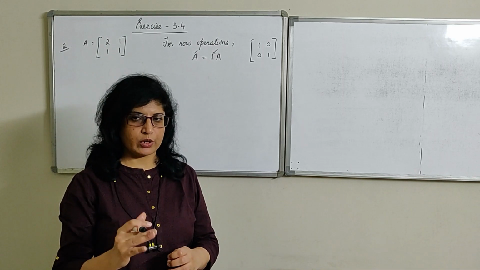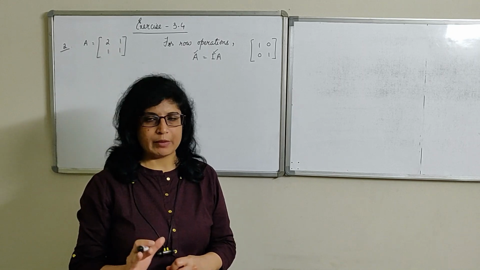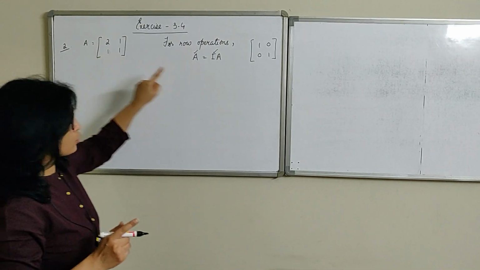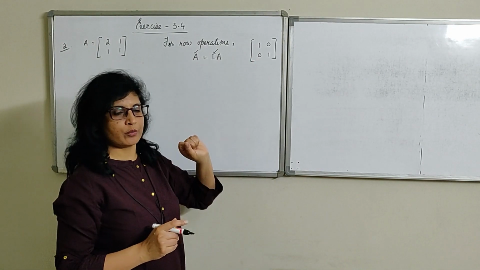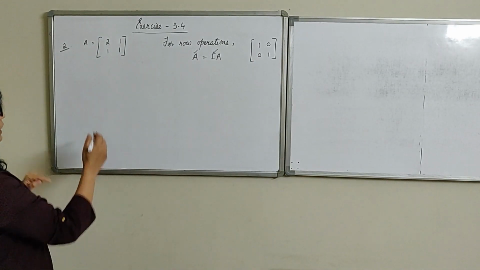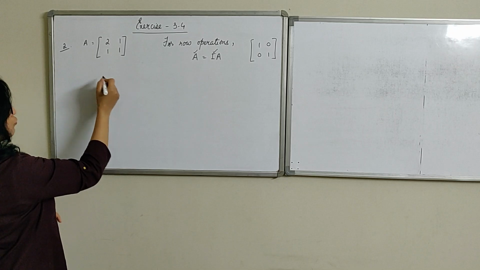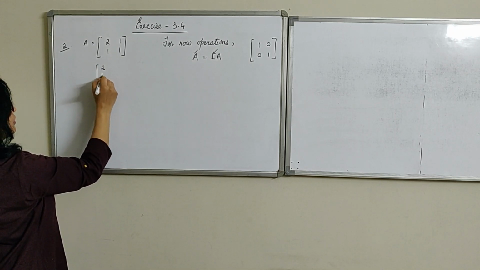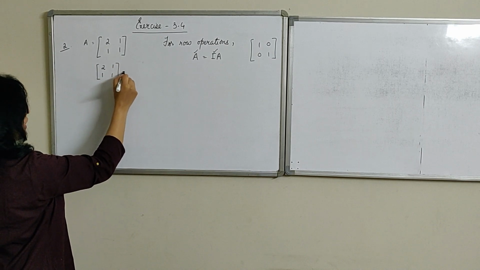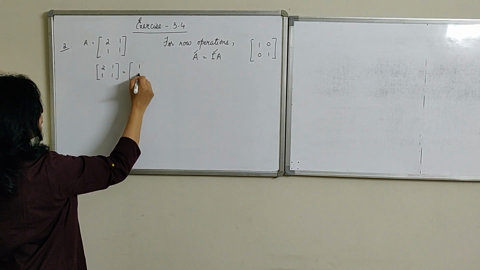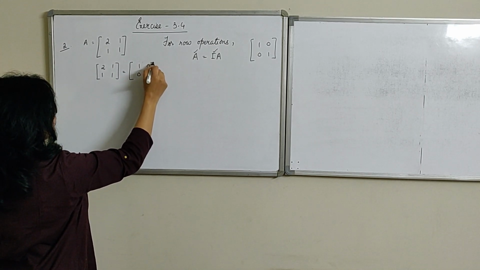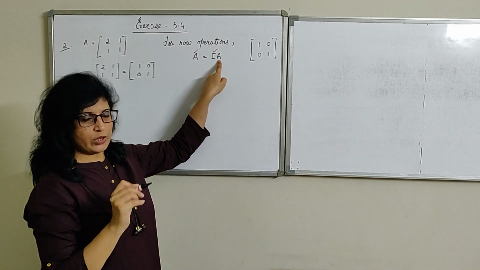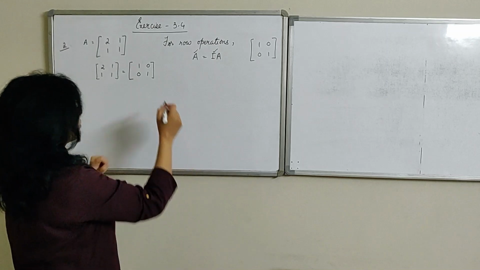I'll try to convert the first column elements of the matrix, 2 and 1, into 1 and 0. How is this possible? So let us first of all write down the matrix equation, which is A equals identity matrix into A, because in the identity matrix we are not performing any row operations.